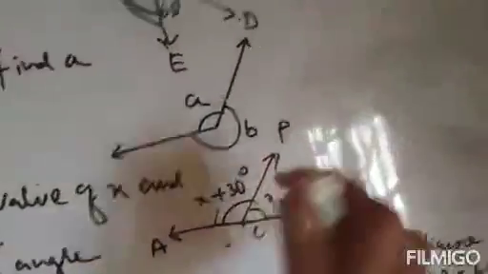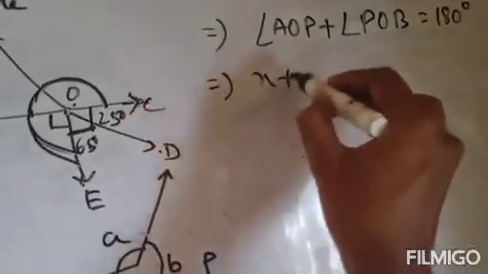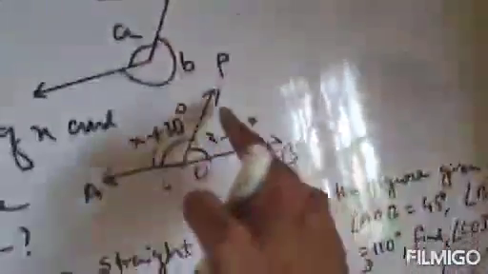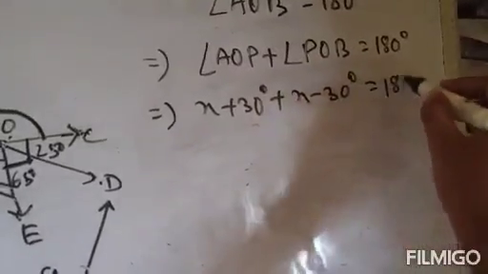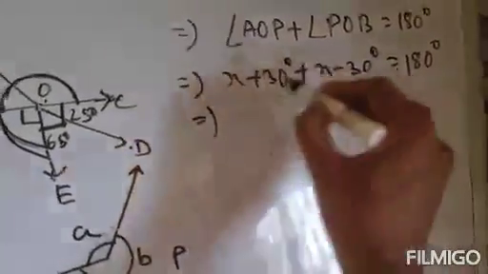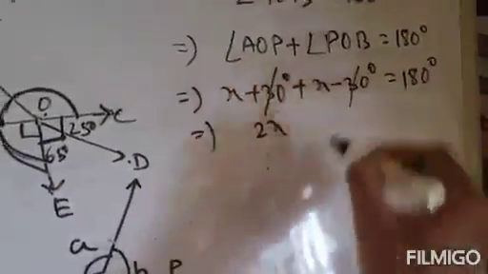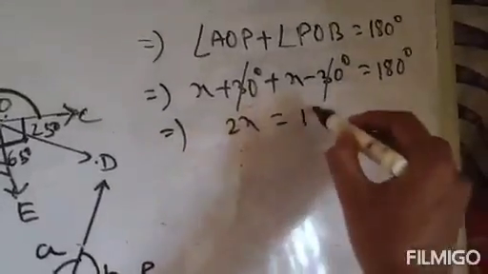Now AOP is X plus 30 degrees, and POB is X minus 30 degrees, so X plus 30 plus X minus 30 is 180 degrees. Now X plus X is 2X, and the 30s will eliminate. This is 180 degrees.